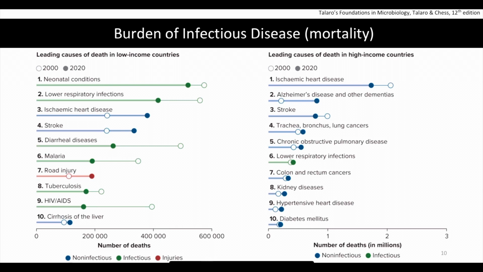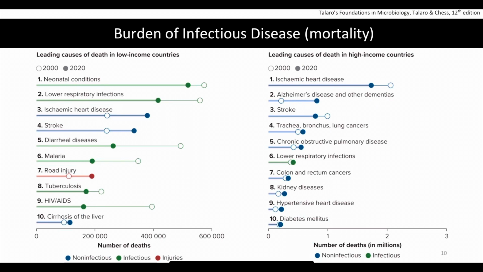An important concept or term that often comes up in microbiology is the burden of infectious disease, and this is often referred to in terms of mortality and morbidity. Mortality refers to the death, the number of people that are killed as a result of the pathogen, and morbidity refers to the number of people that get ill.